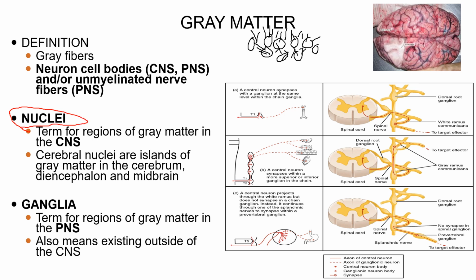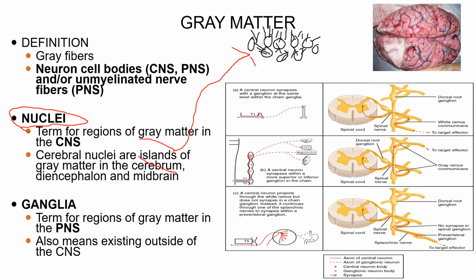As we get into more detail, especially next semester when we start learning mechanisms of how the brainstem controls your heart rate and your blood pressure and your breathing, you'll see this more, that they're called either nuclei or centers. And all they are are regions of gray matter, or islands of gray matter in the central nervous system. They're just bundles and bundles of cell bodies and dendrites that are not myelinated.